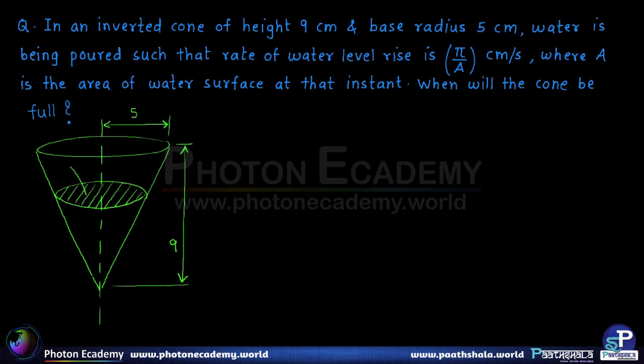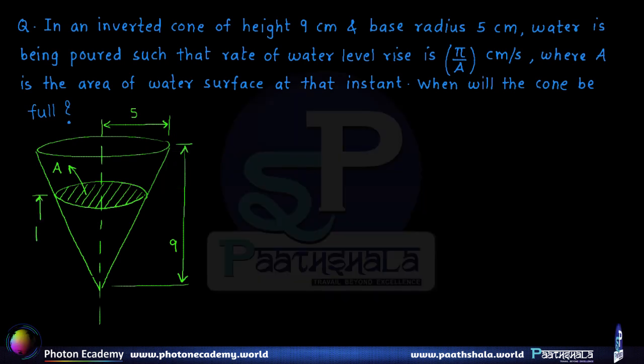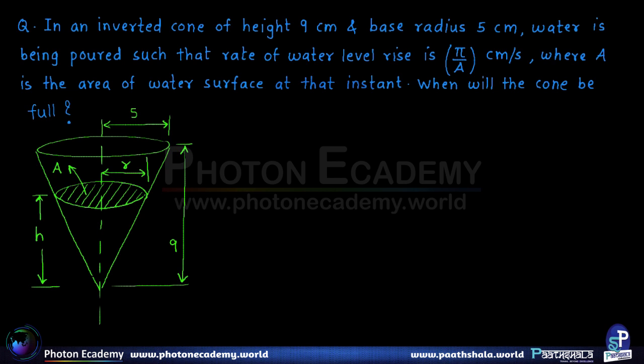Now the area of this particular water surface at any instant is given to be A. That's the symbol A. Let's denote the height at any instant as h and the radius at any instant as r. In all of these problems involving geometrical quantities, we have to write the given data in terms of symbols first.